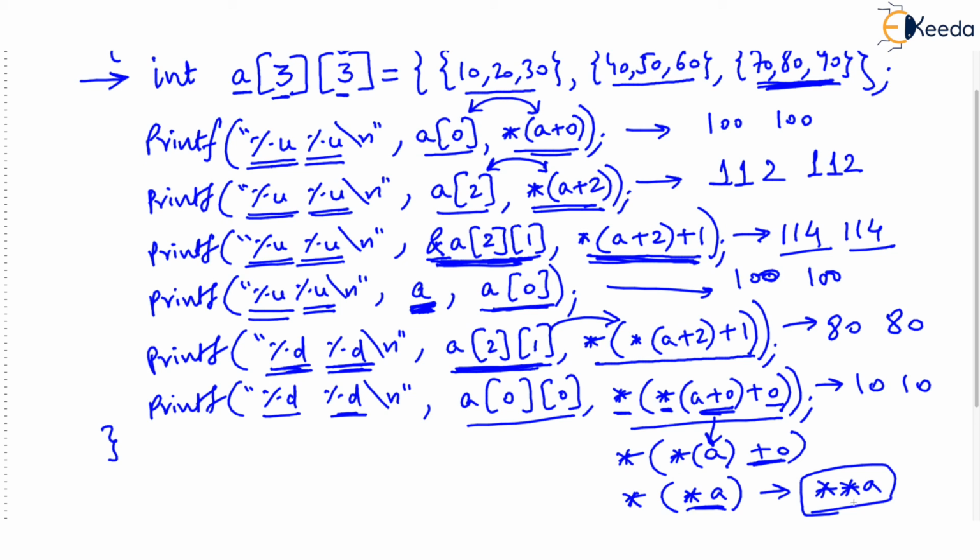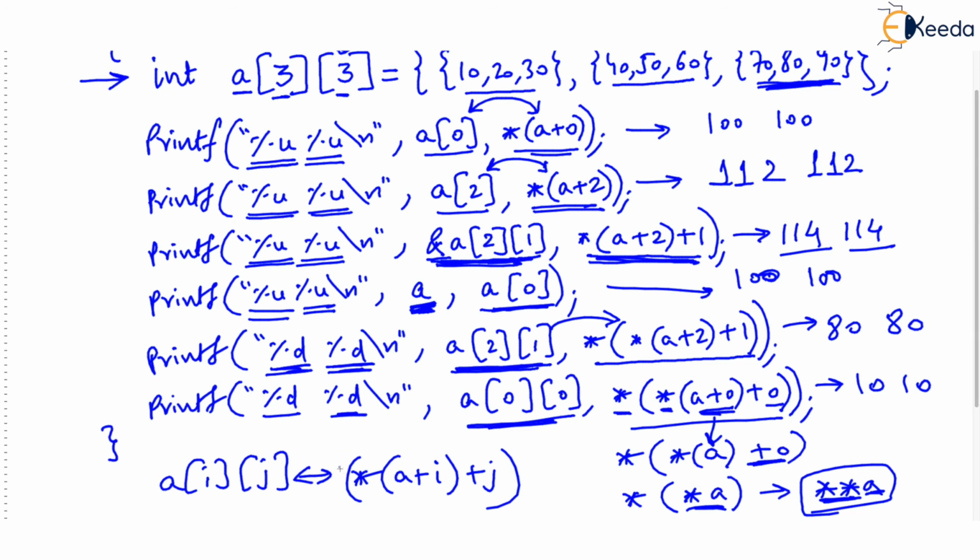So if you write 2 asterisks followed by the name of a 2-dimensional array, then you will get the row 0, column 0 value. Don't get confused. There is nothing to confuse here. If you follow this simple rule, that means Aij, the value at ith row, jth column, is the same as *(*(A+i)+j).